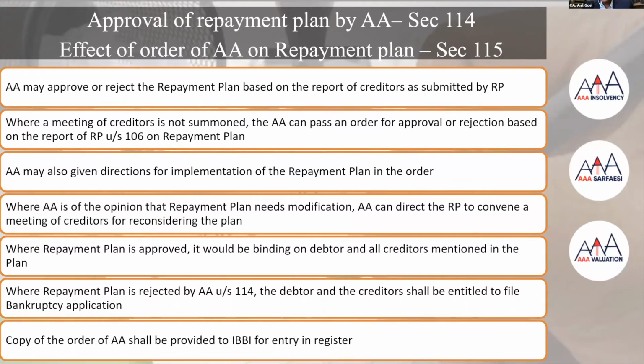Bankruptcy process, where the debtor is completely discharged from all past liabilities except for those liabilities which have been, all kind of debts which have been raised fraudulently. However, in the case of insolvency resolution process of personal guarantors, the repayment plan is binding only on those creditors who participated in the repayment plan and who are mentioned in the repayment plan.